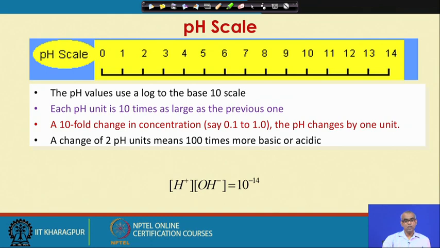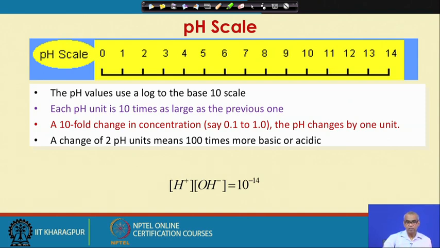A 10-fold change in concentration, say 0.1 to 1, the pH changes by 1 unit. This is because it is log to the base 10 scale. A change of 2 pH units will mean 10 into 10 times, that is 100 times more basic or acidic.